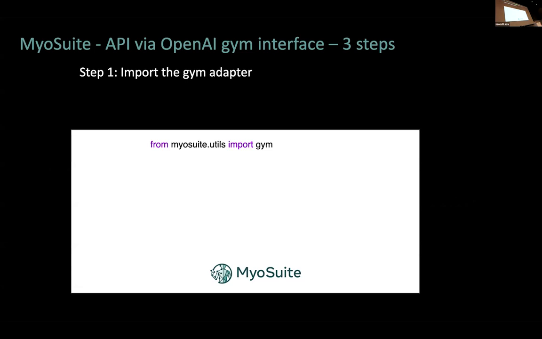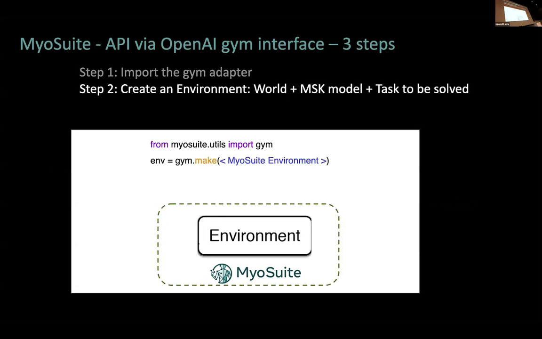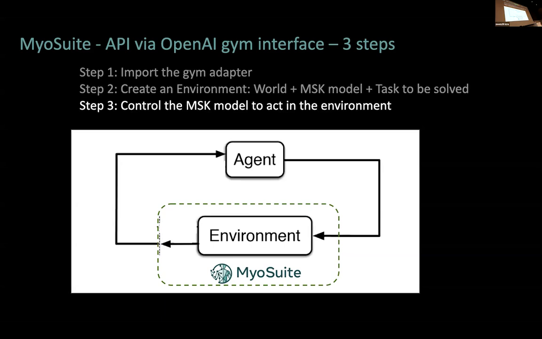First, we need to import this gym adapter that allows us to interact with the platform. Then we need to create an environment. We provide a list of environments already that is a composition of a world, a musculoskeletal model, and a task that we need to solve. Then we need to control the musculoskeletal system in order to achieve the task in the environment.